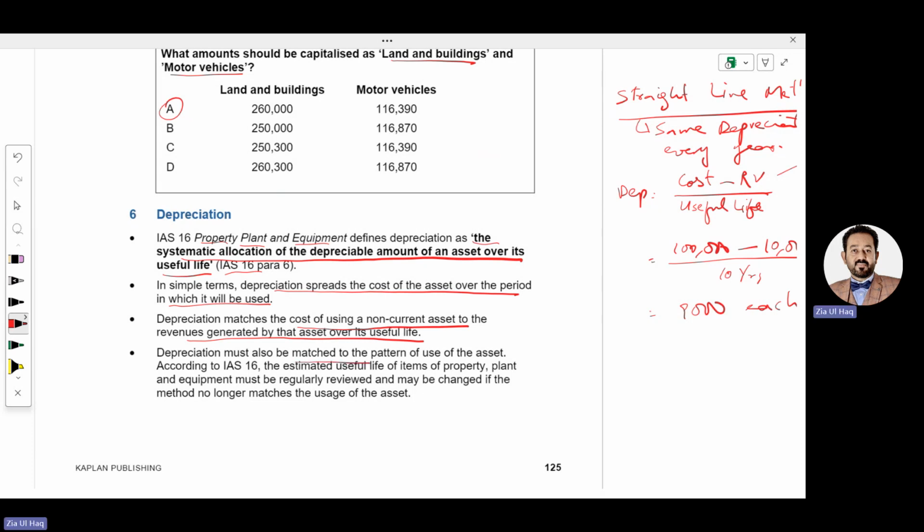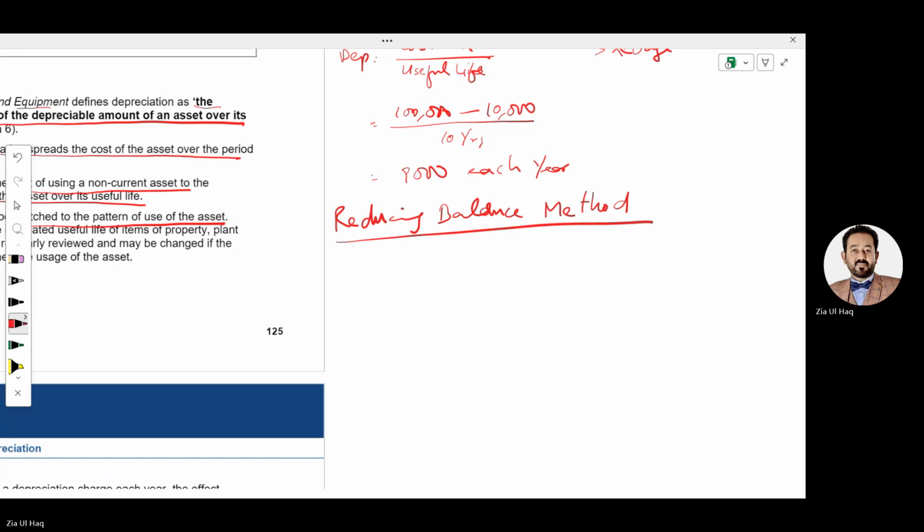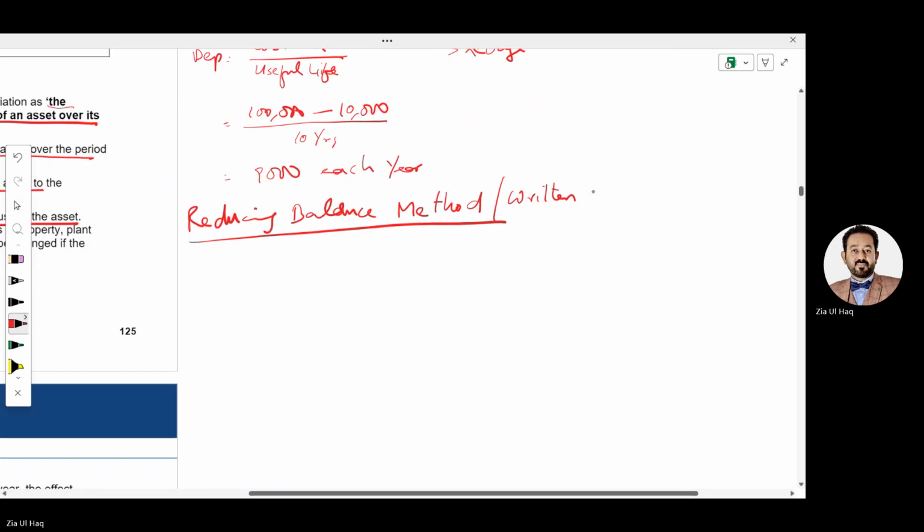Depreciation must also be matched to the pattern of use of the asset. There is another method of depreciation called the reducing balance method, also called the written down value method, or WDV method.